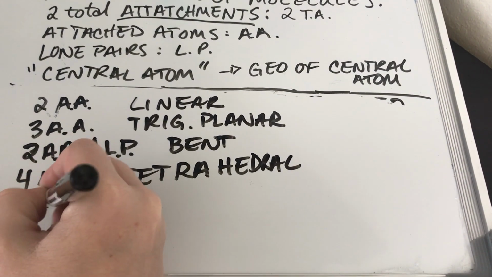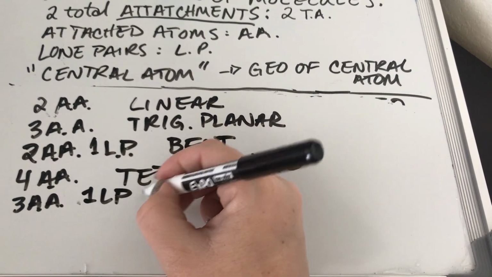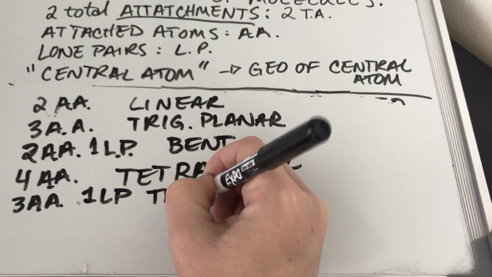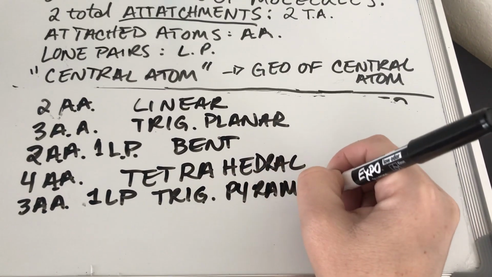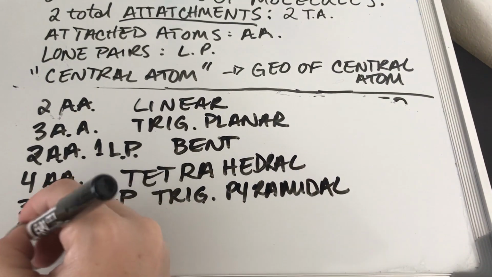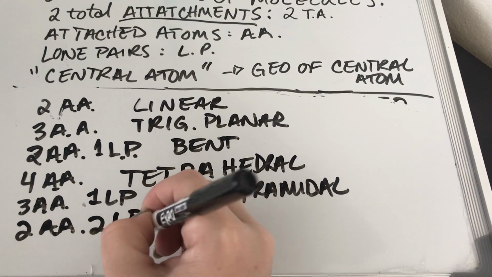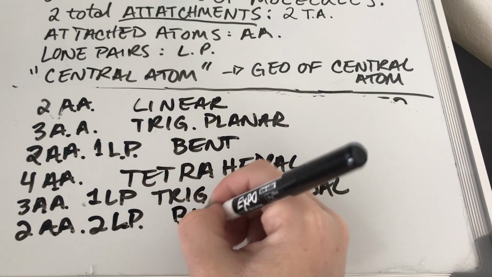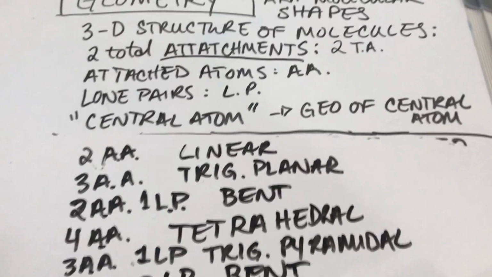Three attached atoms and one lone pair will be trigonal pyramidal. And two attached atoms with two lone pairs is bent. Right? Those are your shapes.